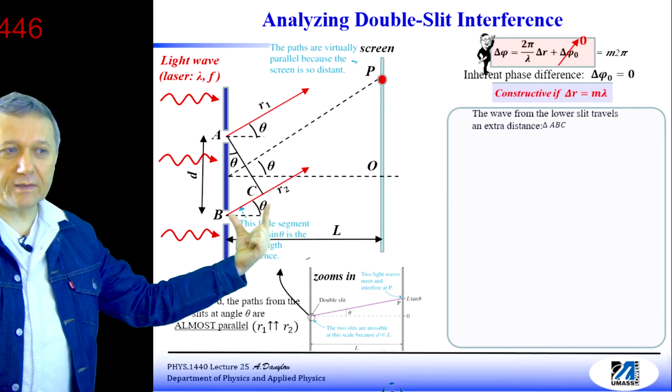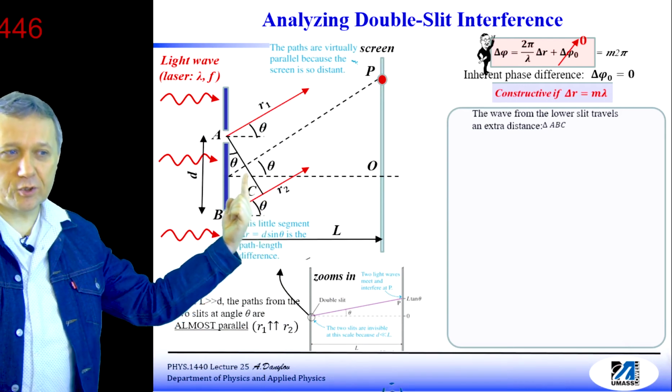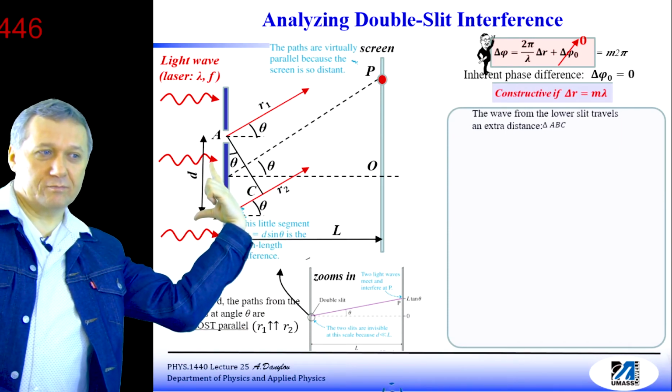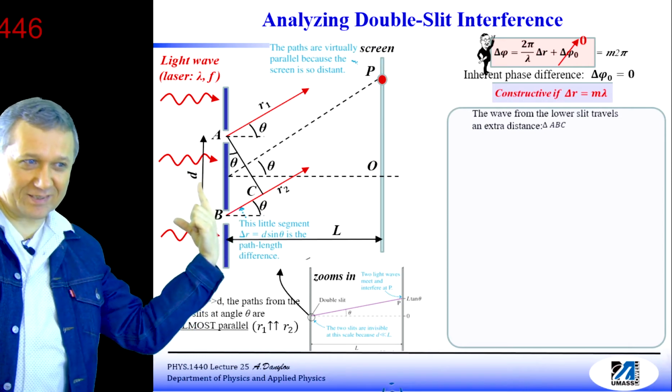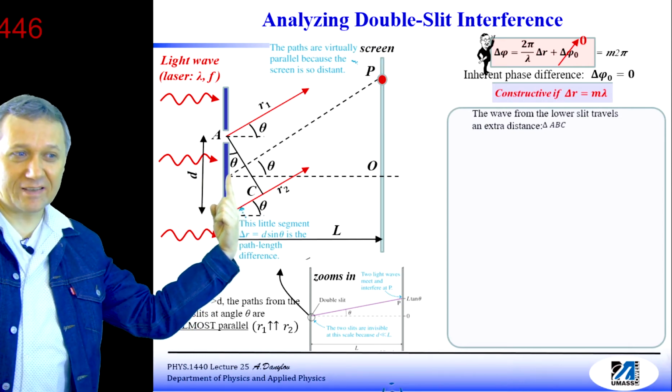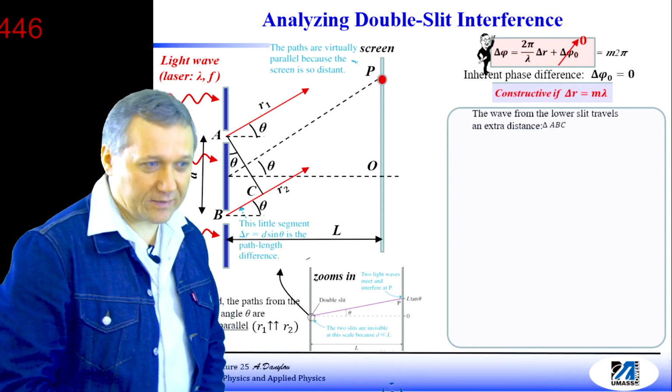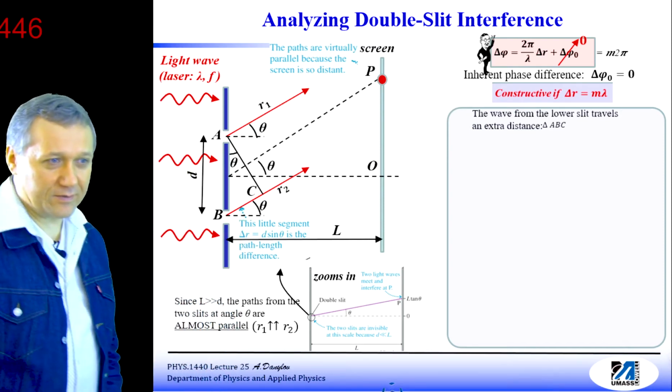We want to find the side which is opposite to this angle theta. We know the hypotenuse, which is d, the distance between the slits, and d sine theta is the additional path length, the path length difference.